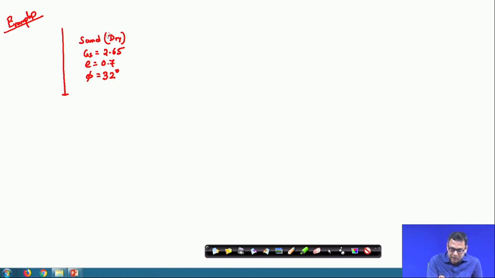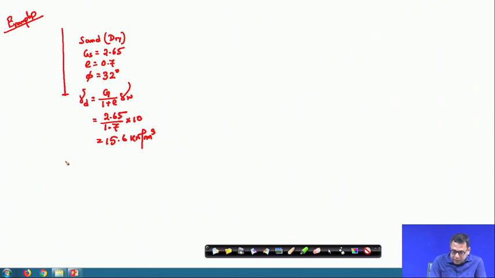So, now here it is a dry soil. You know the unit weight of dry soil is G over 1 plus e times gamma W. This is the dry unit weight expression. So, with 2.65, 1.7, and gamma W taken as 10, this will be 15.6 kilonewton per meter cube.